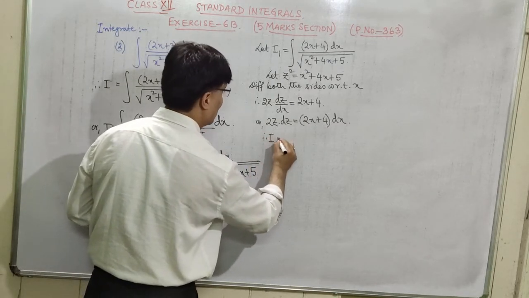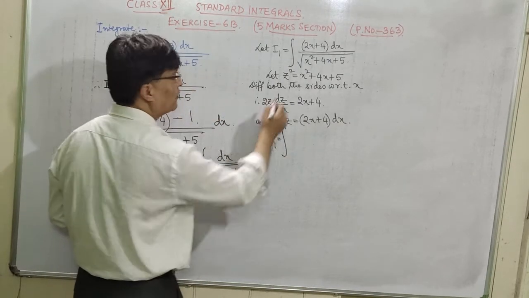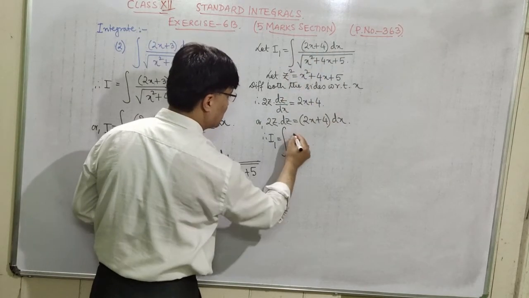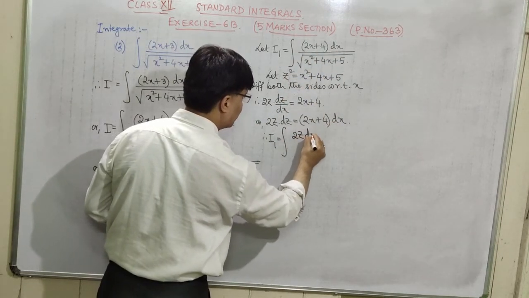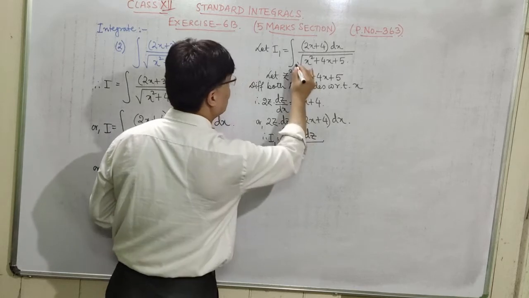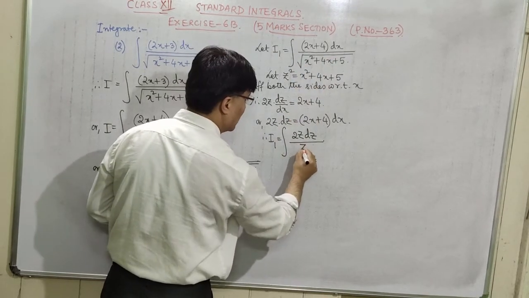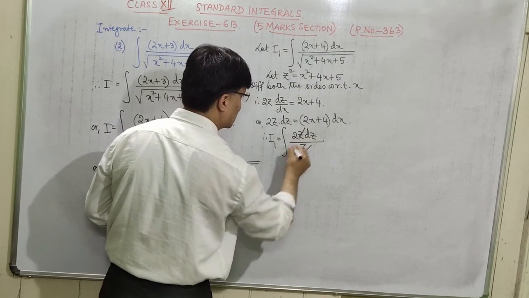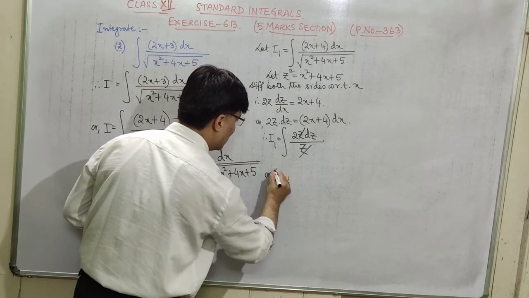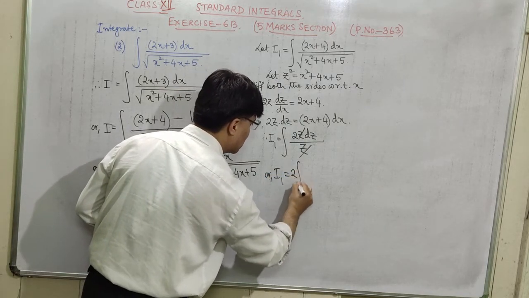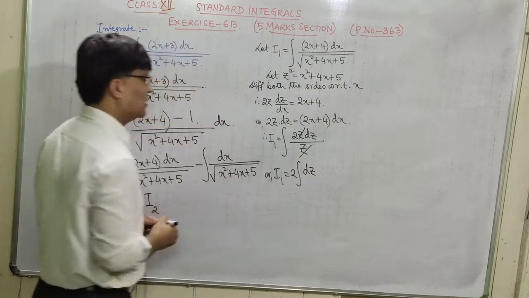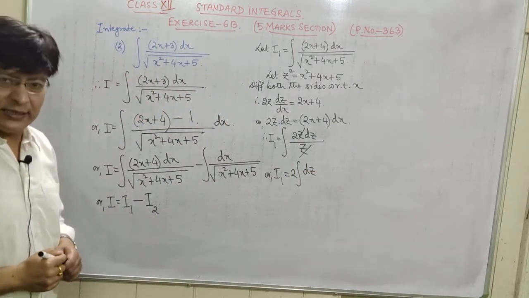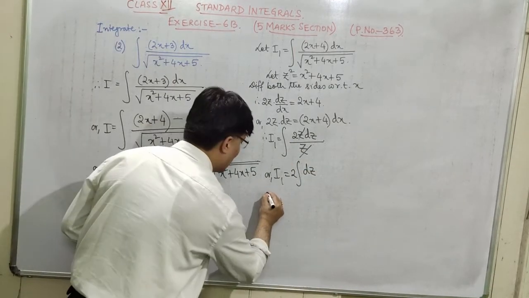So therefore I1 is equal to integration of, what is (2x plus 4) dx? It is 2z dz, right? Divided by root over z square. What is root over z square? That is z, so z gets cancelled, or I1 is equal to 2 integral dz.